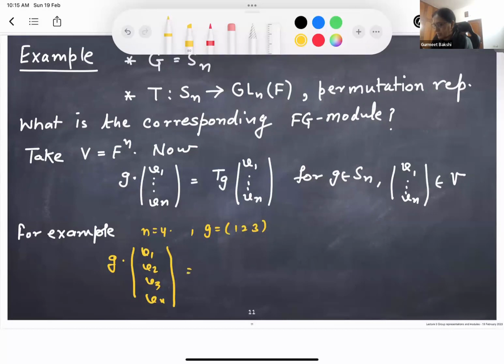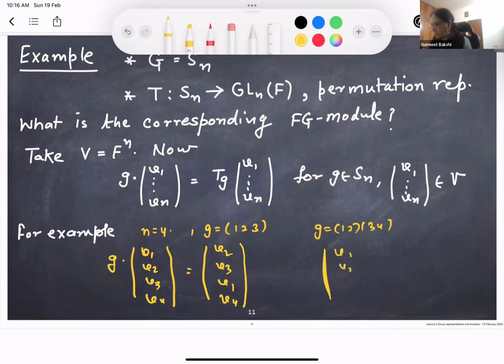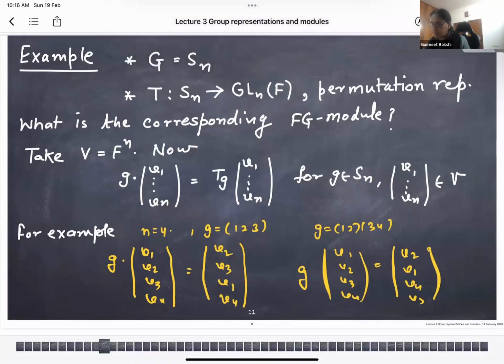This will be V2, V3, V1, and V4 is kept fixed, so V4 will go to V4. So this is the way it works. If G is, say, (1 2)(3 4), then G applied to V1, V2, V3, V4 will be V2, V1, V4, V3. So this is how this becomes an FG module.